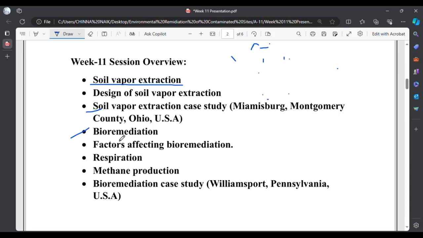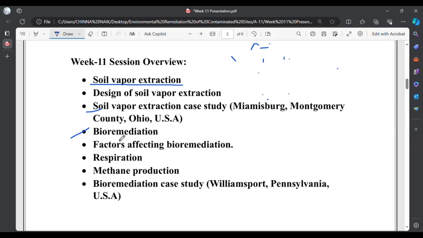So in this bioremediation part, we have discussed various methods of remediating, such as bioremediation and phytoremediation. Again, it is related to plants.